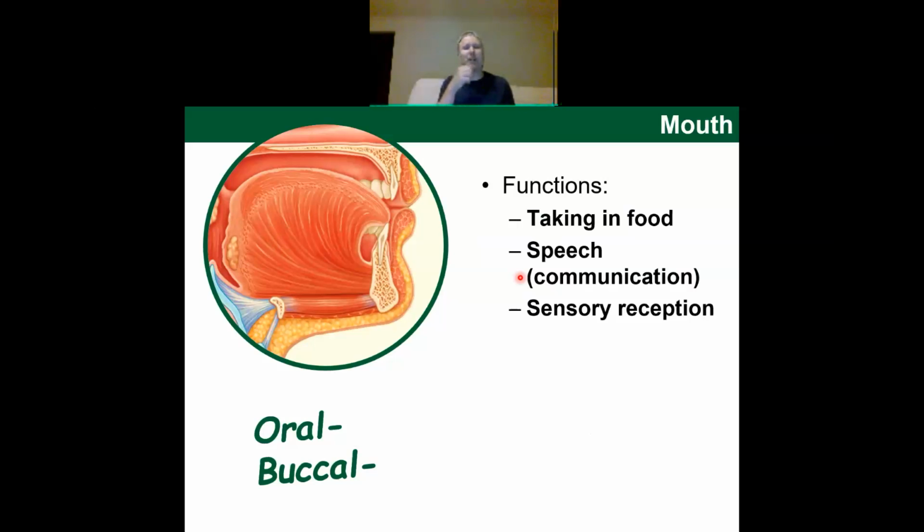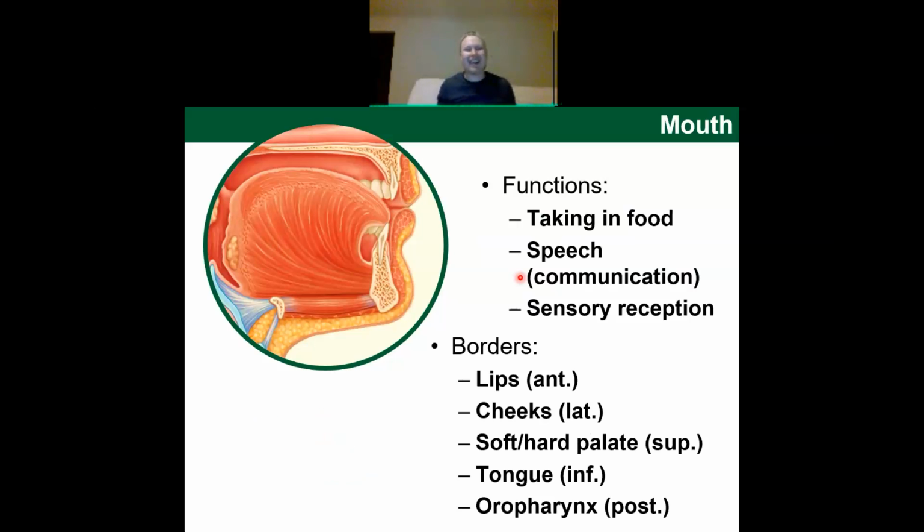And I think that always when we start studying a structure, it's a good idea to define the borders. What are the boundaries of that area? Let's look at the area of the mouth. What sort of boundaries do we have? If this was more of a live class, I probably would be trying to quiz you. But for the interest of time and the lack of interaction, we're just going to go through these together.